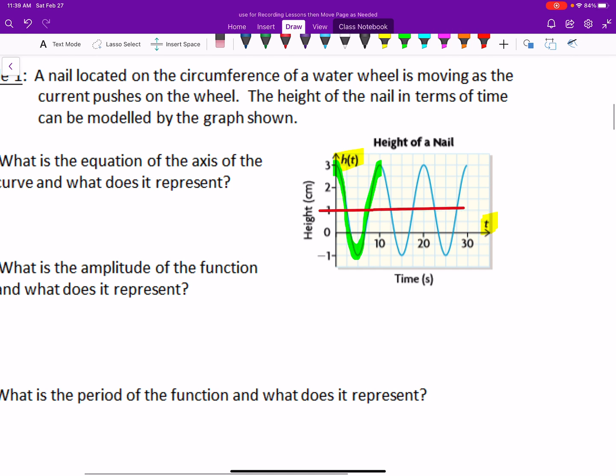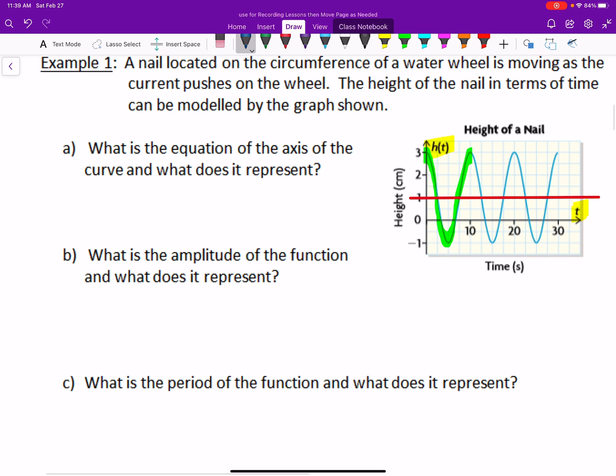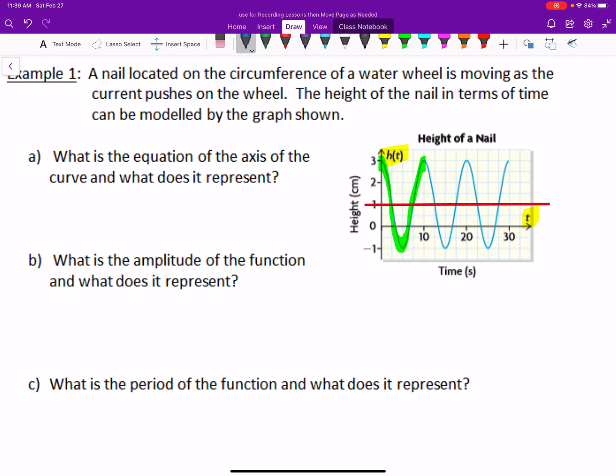So the axis of the curve has got to be here, right? If I wanted to calculate it, I certainly could, since I know the max is at 3 and the minimum's at -1. From our formula just above, we add them together, divide by 2, and that's just another way of seeing where the axis is. It's at y equals 1.